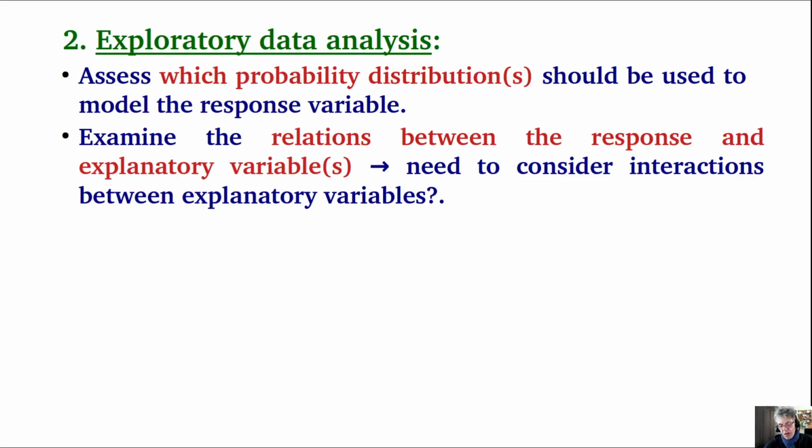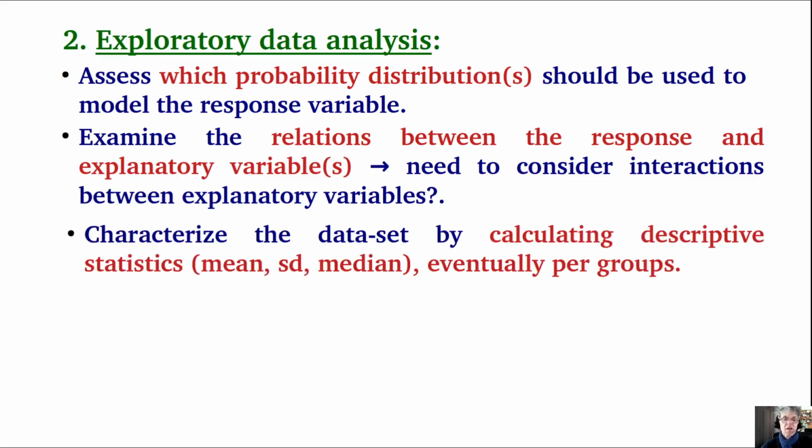That is, these interactions between explanatory variables could be motivated either by previously existing hypotheses or by relationships found during the exploratory data analysis. Then we would characterize the data set, the response variable, by calculating discrete statistics, eventually per group, on a per group basis.